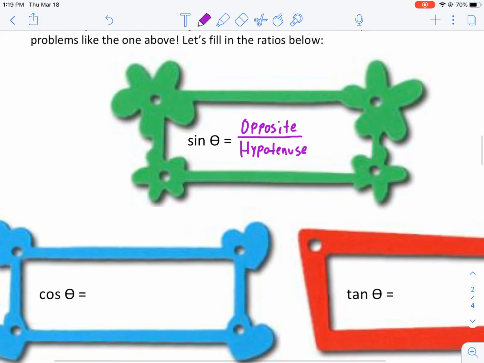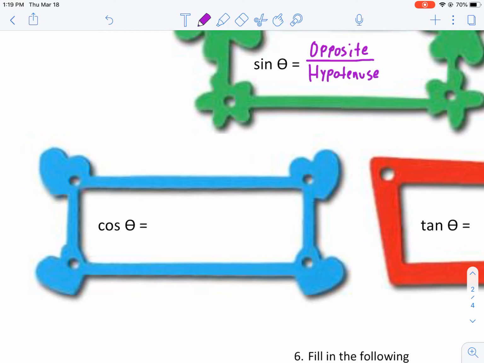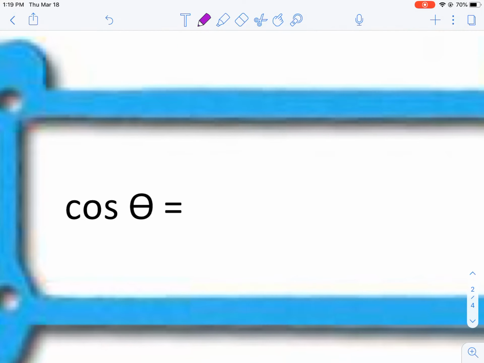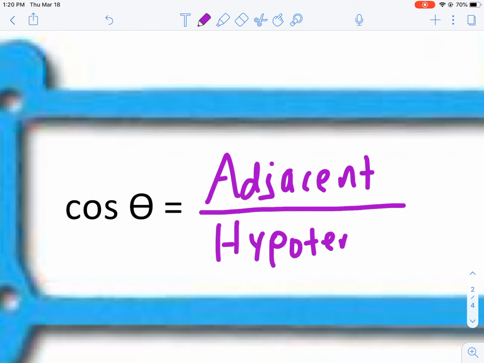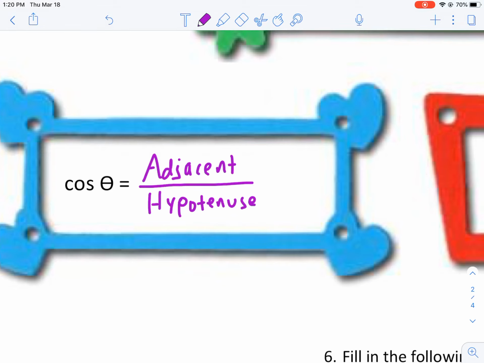Then we have cosine. Cosine is adjacent over hypotenuse. So adjacent means next to. So the adjacent side is the side that is not the hypotenuse, but it's the one next to the angle.